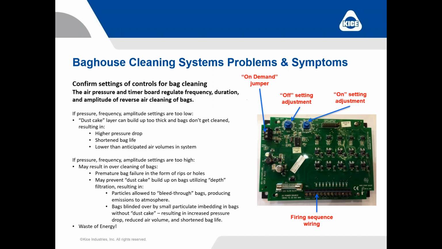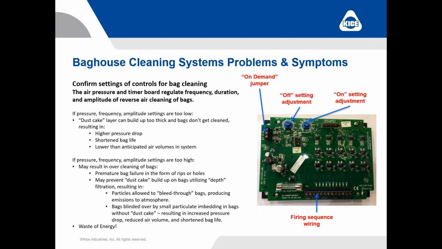So we'll touch on that, but the first thing we can do is look at the timing sequence. Maybe the timing sequence has been off. Maybe your timer board fried out and you replaced it yesterday, and all of a sudden now you don't get the cleaning that you think you need. The two most important buttons or knobs on this timer board here are the very top blue buttons. There's an off time knob and an on time knob.